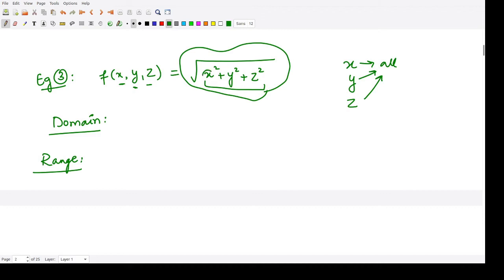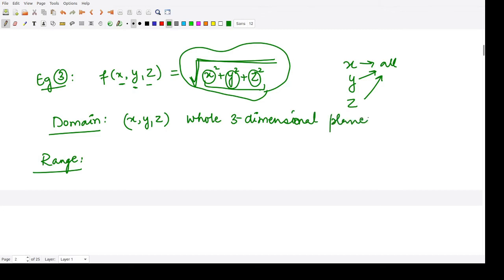Because we are squaring the term. So square of any quantity is always positive, their sum is always positive. So the square root would always be that of a positive number. So the domain here would be the whole real line. Actually, it would not be the whole real line because you have 3 dimensions, so it would be the whole 3-dimensional space.